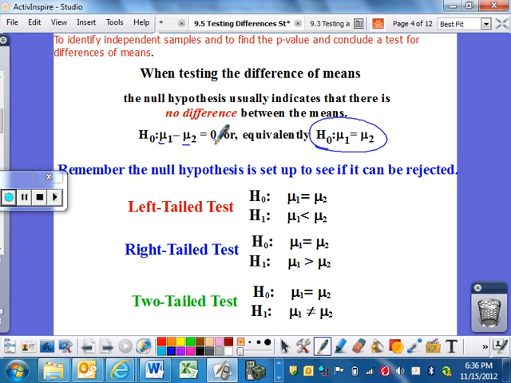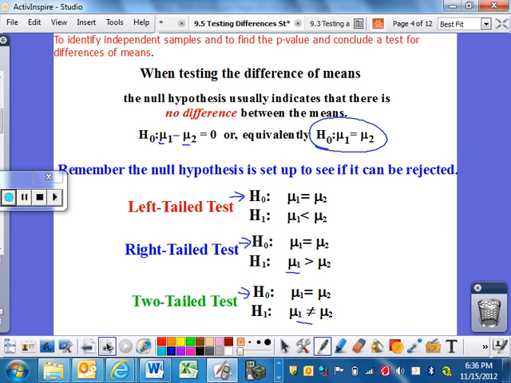I like thinking about it as my null hypothesis every single time is that the two groups' averages, the means, are equal, and I want to prove that they're different. So you might do a left-tailed test where mu1 is less than, a right-tailed test where the first group is greater than, or if I just want to see some sort of change, it would be not equal to, and we'd have to look at both tails.